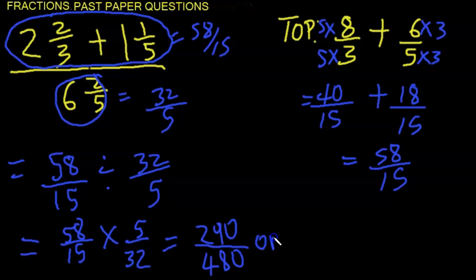And it seems like both numbers can be divided by 10. So 290 divided by 10 is 29, and 480 divided by 10 is 48. Remember, when you're simplifying a fraction, you need to divide both numerator and denominator by the same value, in this case 10. So 29 over 48 is our answer.